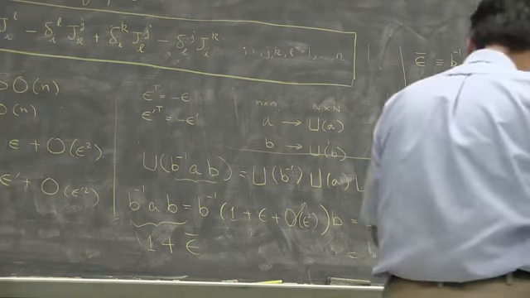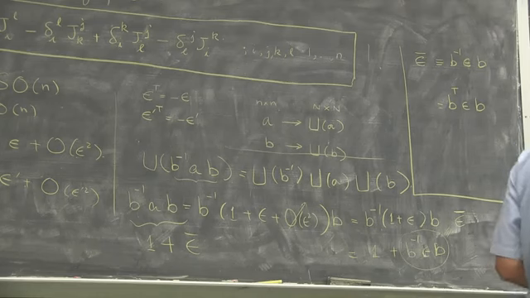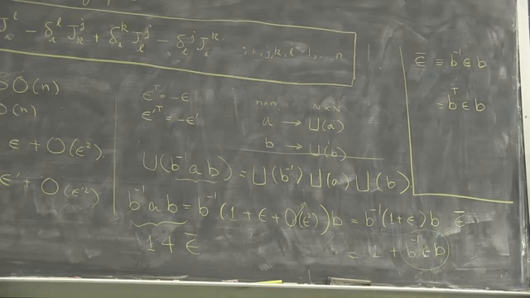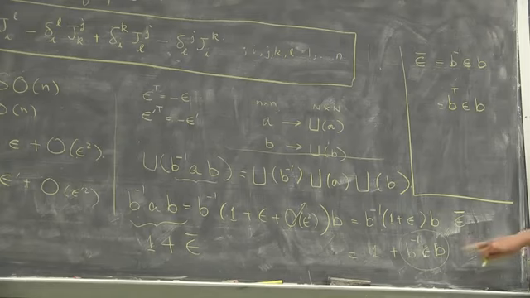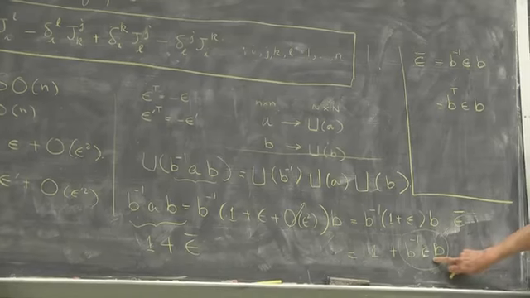okay? And obviously, I can write this as 1 plus a linear combination of all the independent elements in epsilon bar. There are as many independent elements in epsilon bar as there are independent elements in epsilon.